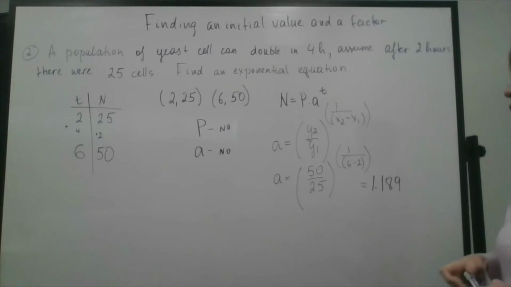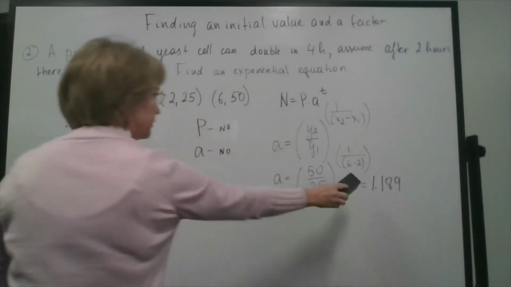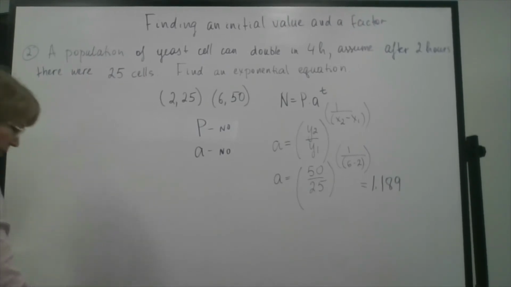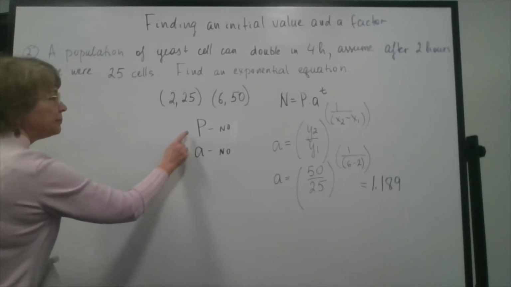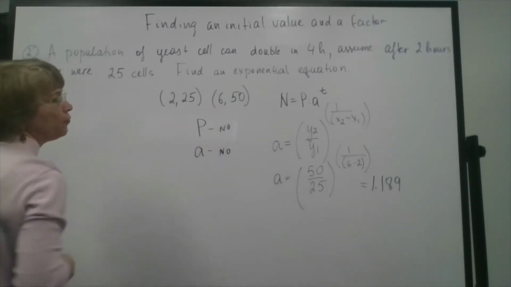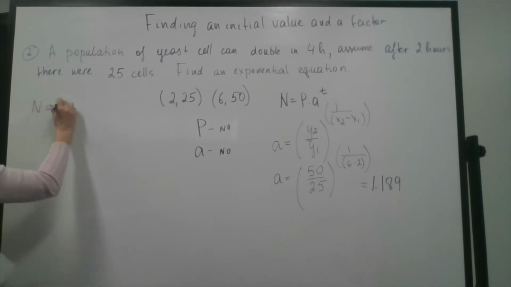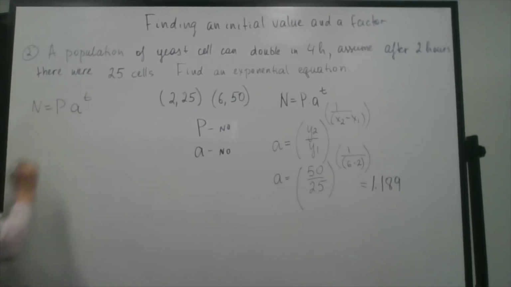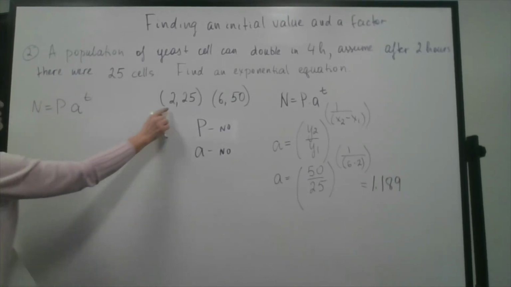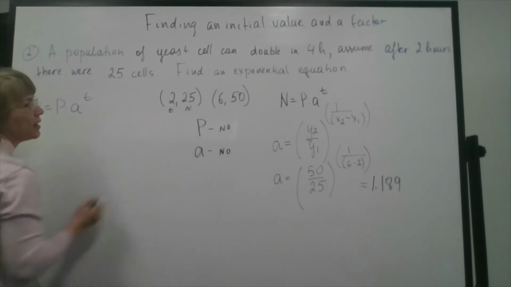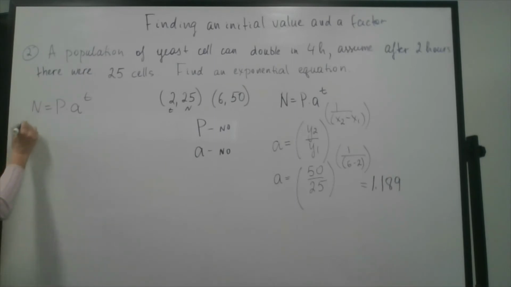Now I can use the factor and the first point, and I will substitute this into our formula, and I can find the initial value. So the formula is N equal to P times A to the t power. In this case, this is my t and this is my N. So instead of N, I will put 25.